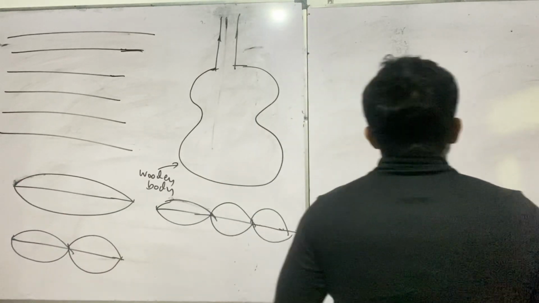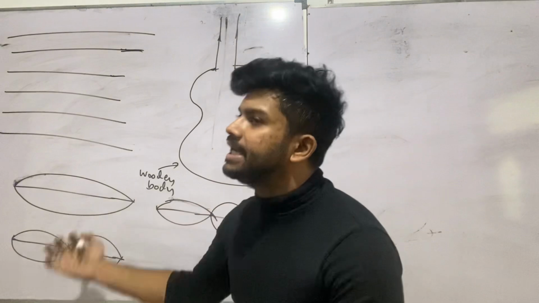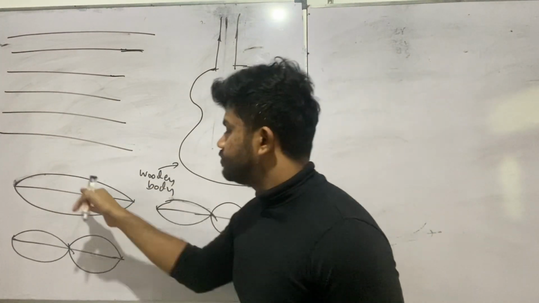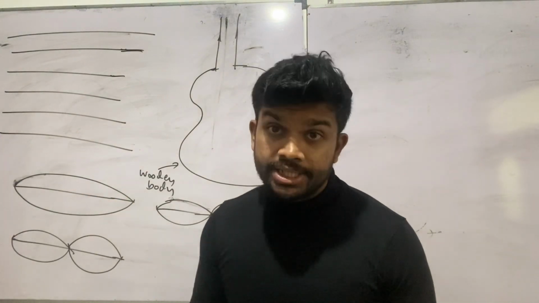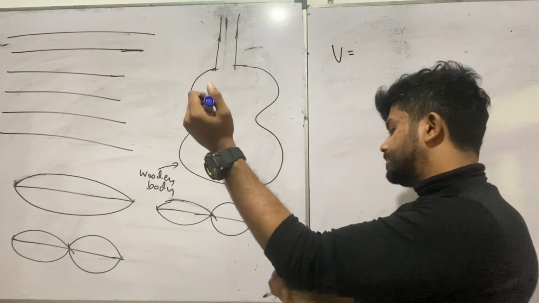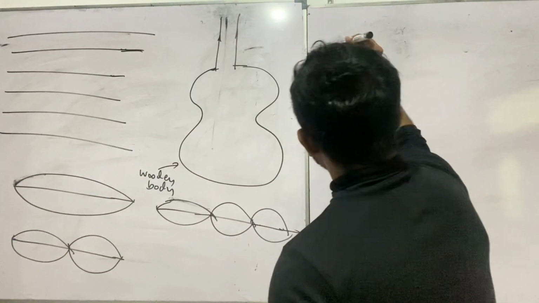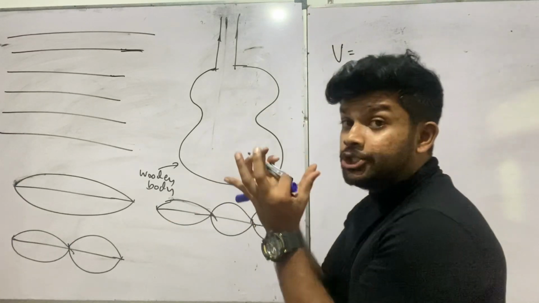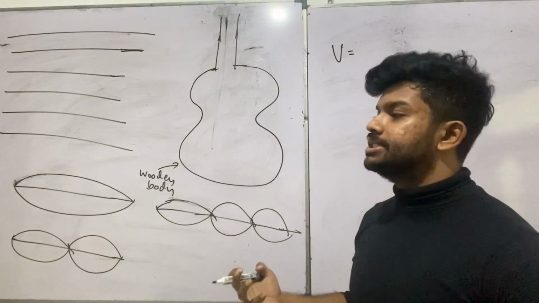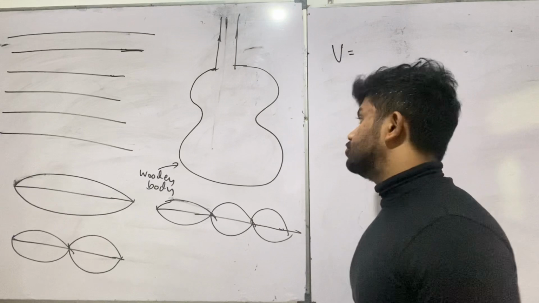As a result of the reflection of the propagating wave, this stationary wave is formed here. The speed of the propagating wave depends on merely two factors. We can derive this equation using dimensional analysis, but I don't want to discuss that part.